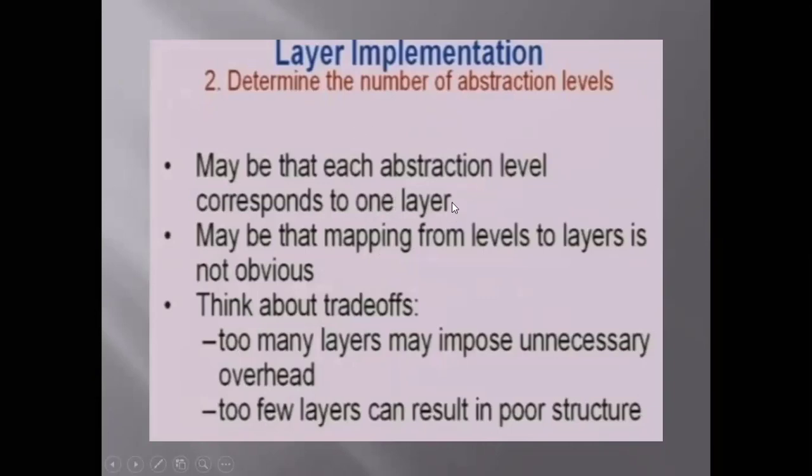It can happen that there is only one abstraction layer, but if only one layer of abstraction is there, then we are not actually making much use of a layered approach, and all complexity will be grouped into a single individual layer. And the mapping from levels to layers is not actually an obvious thing. We should also think that we should not have too many layers, so as to impose unnecessary overhead, and not even too few layers. So the best approach is to have optimal layers.